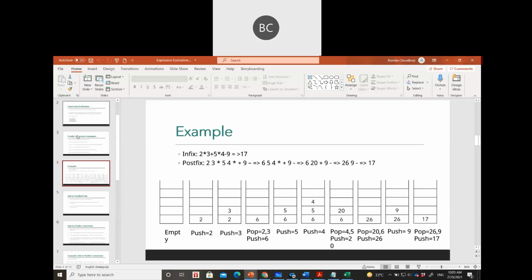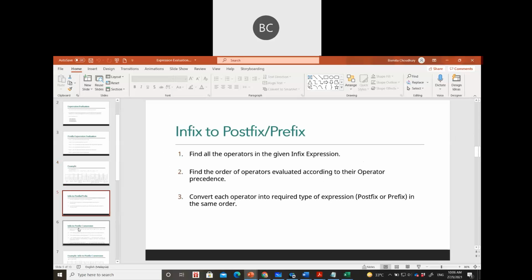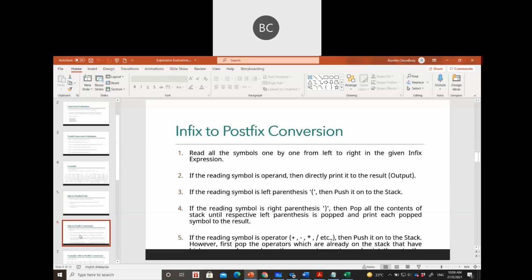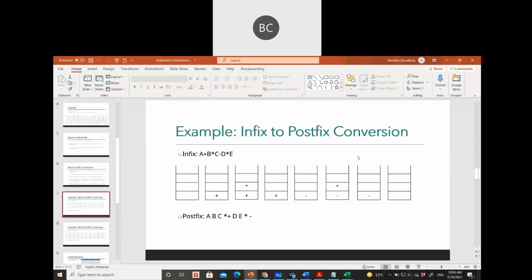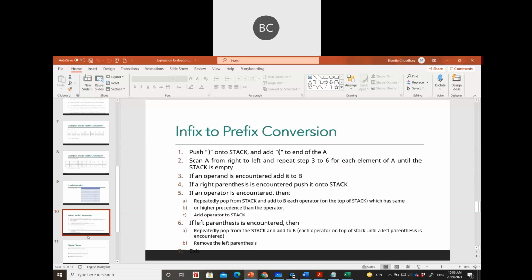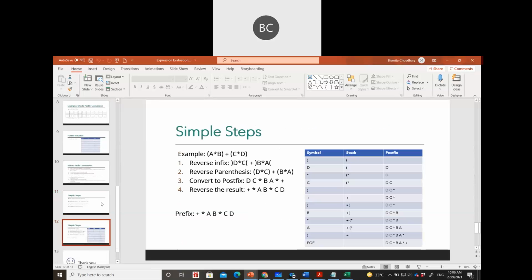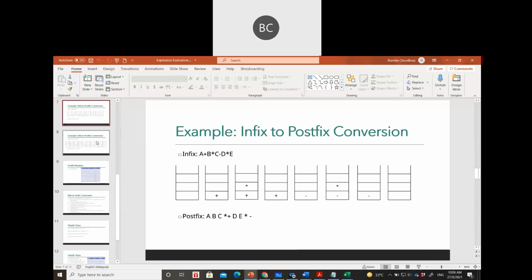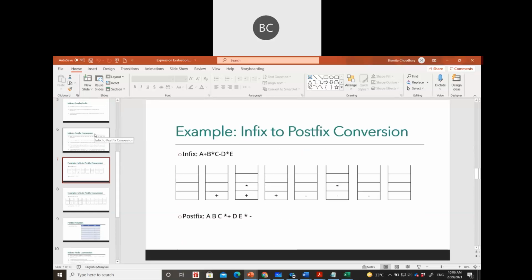In the next class, we will see how you can convert infix to prefix or postfix with the help of a stack. It's a different story. It is slightly different from how you evaluate a postfix expression.